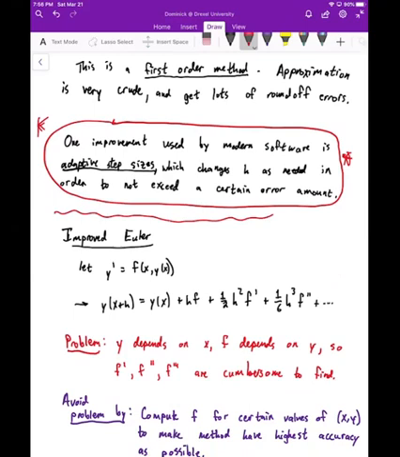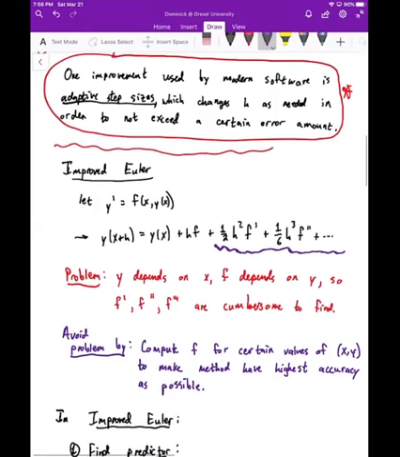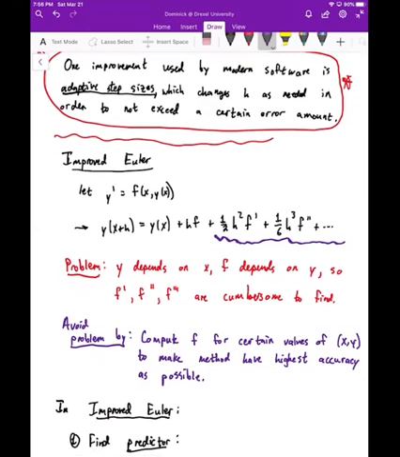Now for the improved Euler method, the idea is that we want to consider more of these extra terms here, so we want to consider the next couple of terms there. But there's a fundamental problem with this. We know that y depends on x, and f is your f of x, y, so it depends on x and also on y, which is also dependent on x.